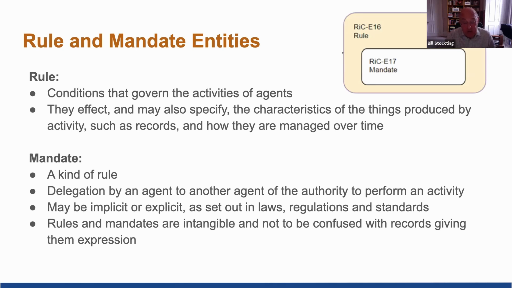In the second draft of RiC-CM, then, the mandate entity is seen as a kind of rule. A mandate is the delegation by an agent to another agent of the authority to perform an activity. It's important to note that rules and mandates are in themselves intangible and should not be confused with the documents, the records, which provide evidence of them.